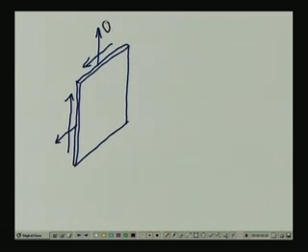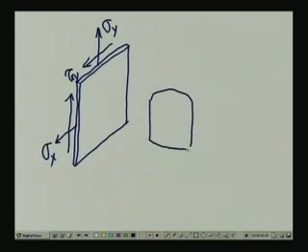So, here let us call this one as sigma y, this one is tau xy, and that value there is sigma x. Whereas plane strain problem, and this class of problem is more prevalent in case of soil and rock mechanics.